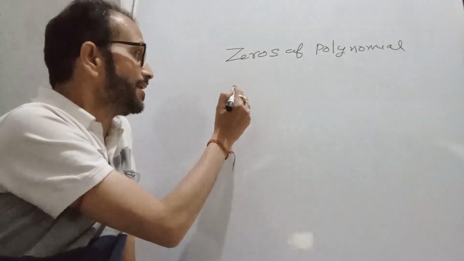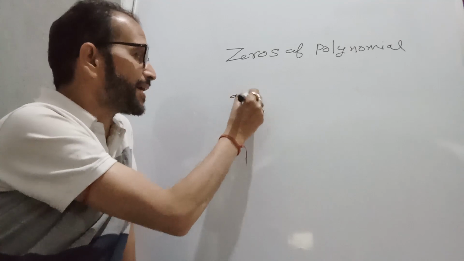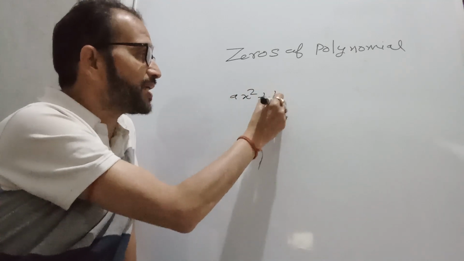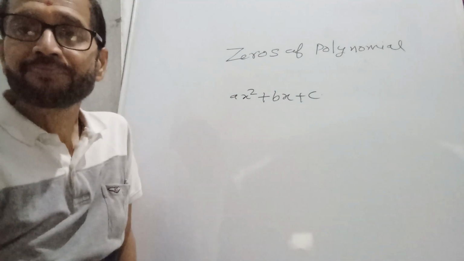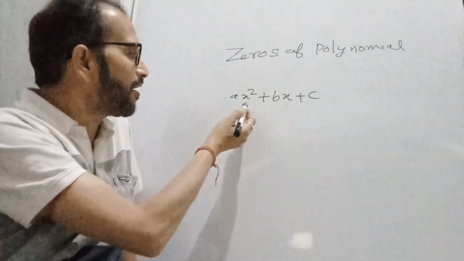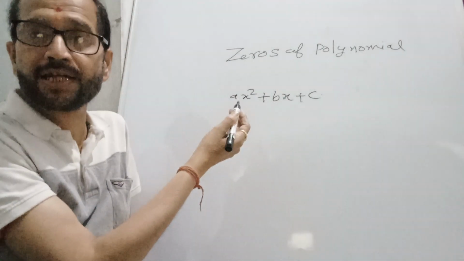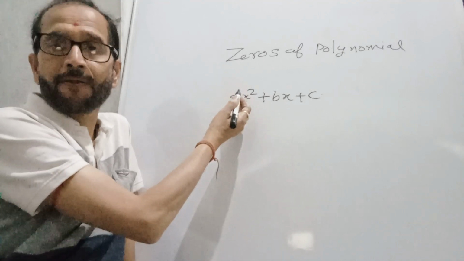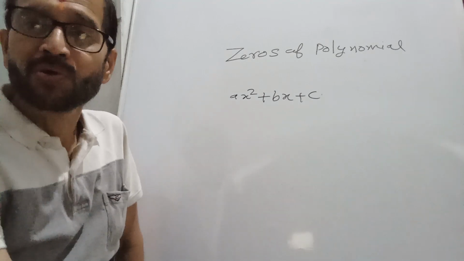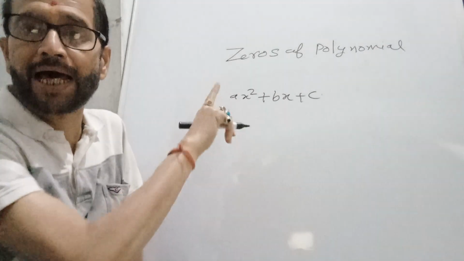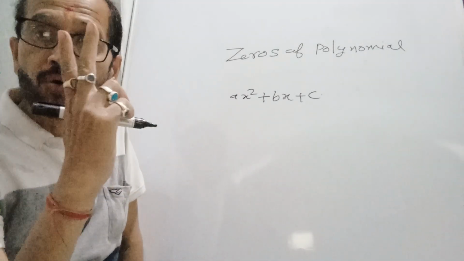If the polynomial is quadratic, ax square plus bx plus c, then what is the highest degree of the variable here? 2. The highest degree of the variable is 2. So this polynomial has 2 zeros.